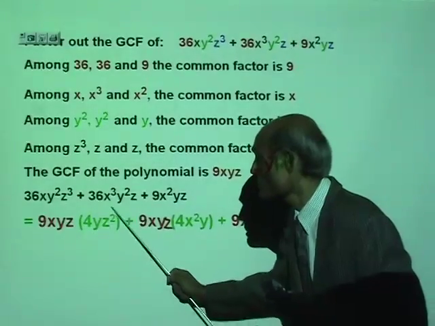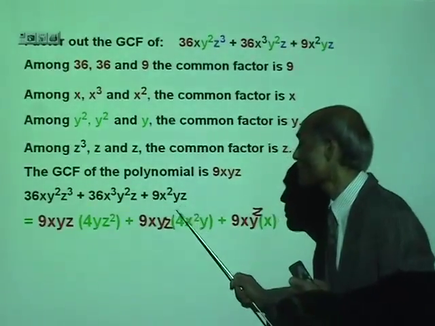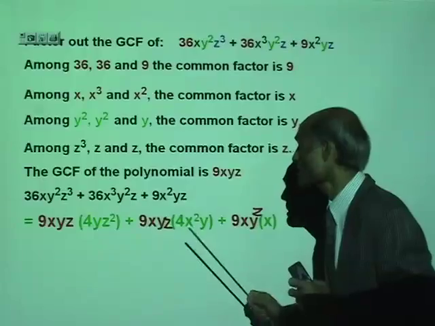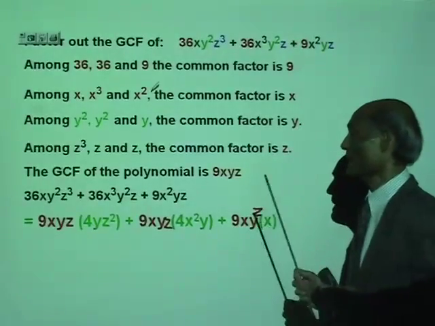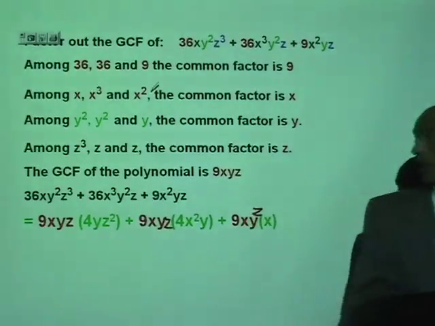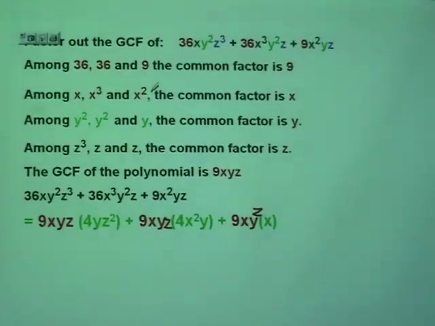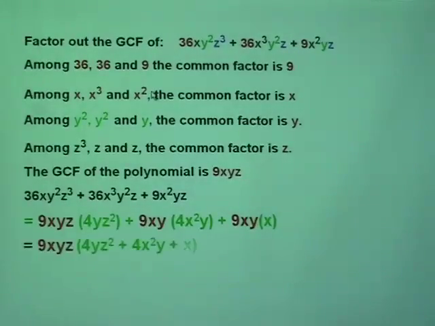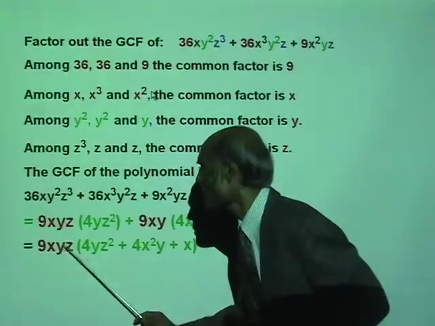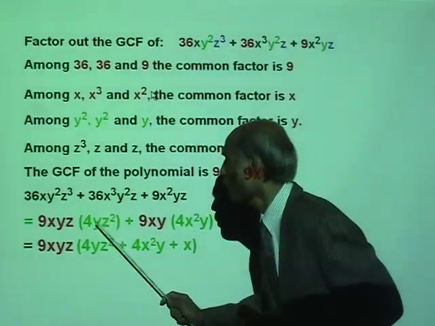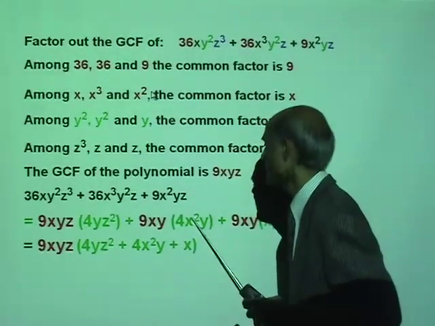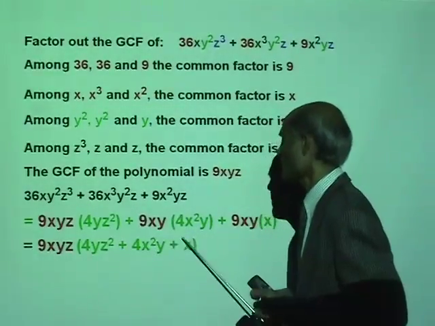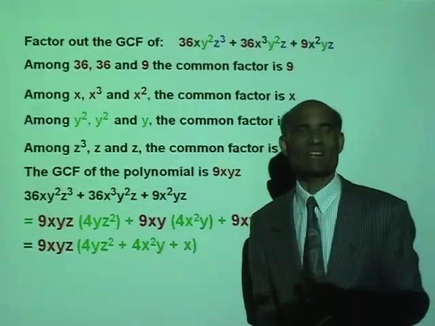Inside the parenthesis will be 4yz squared plus 4x squared y plus x. There you are. So that is now 9xyz times 4yz squared plus 4x squared y plus x.